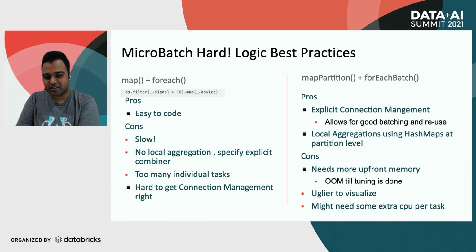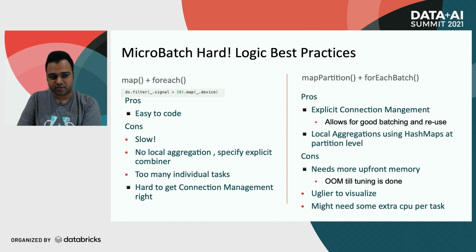The other thing relates to the first con. You might need a bit more CPU per task. This is more like a side effect. By default in Spark, the CPUs per task is set to 1. Now that you're doing batching on the executor side, you might need to set it to a higher CPU count for parallelism.